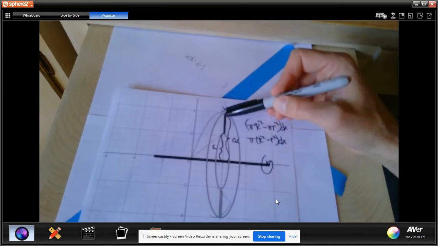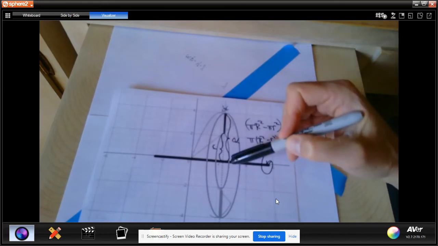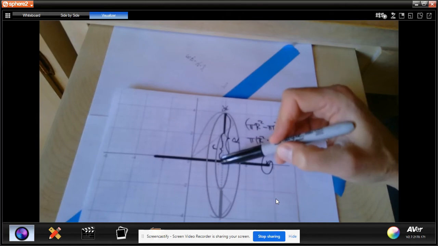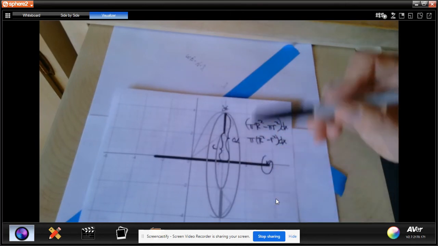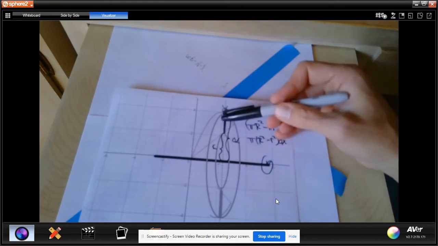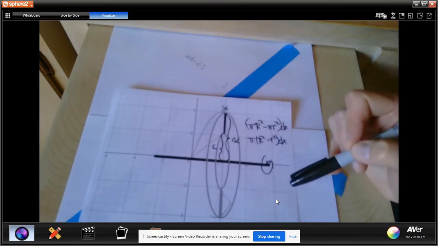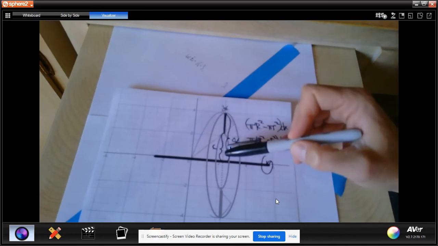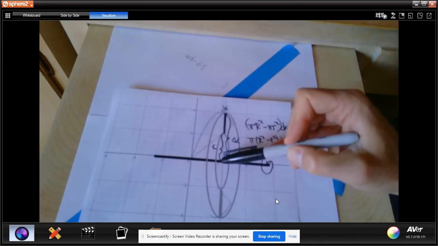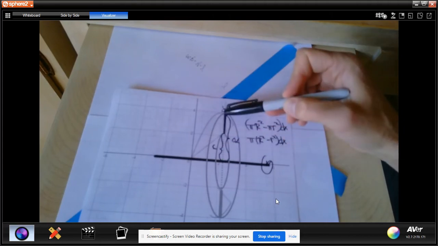Since this slice is not directly connected to the axis, but it's perpendicular to the axis, when I spin that slice back into the page and out of the page and around this axis, it's going to create a washer. The volume of that washer is pi times the big radius squared.